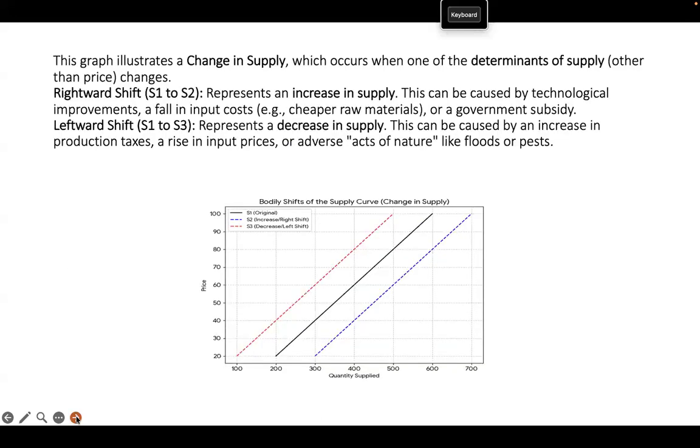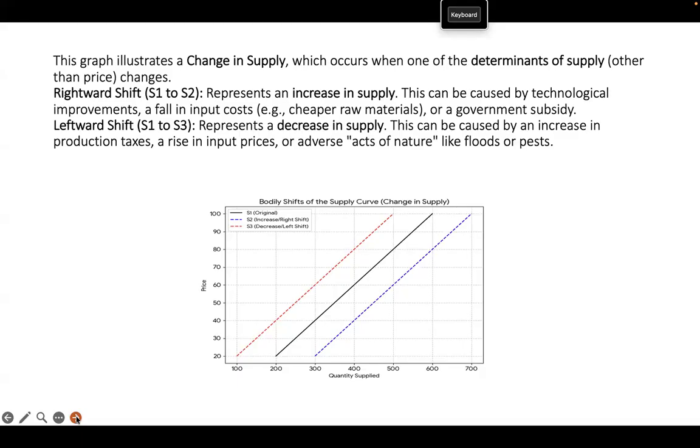It says changes in supply occur when one of the determinants of supply changes. Is it always the case that only one changes, or can two of them coincide? Two can.